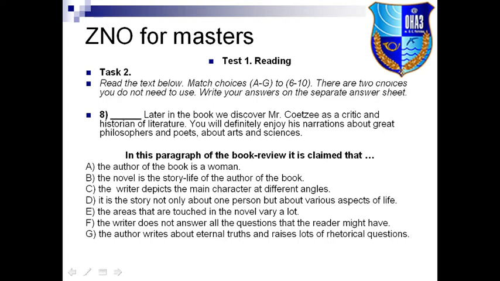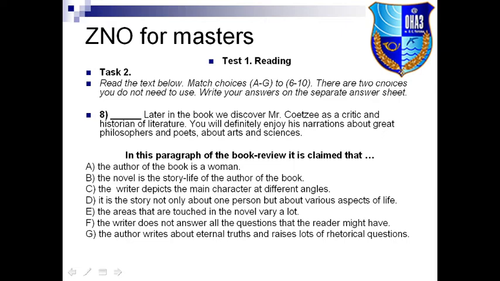And here we have his narrations. His, again, it relates to a man, to a boy. So option A is definitely extra because we see that the author of the book is a man.